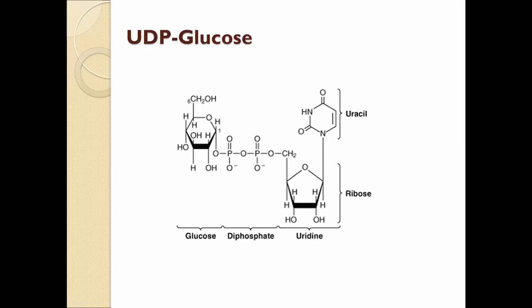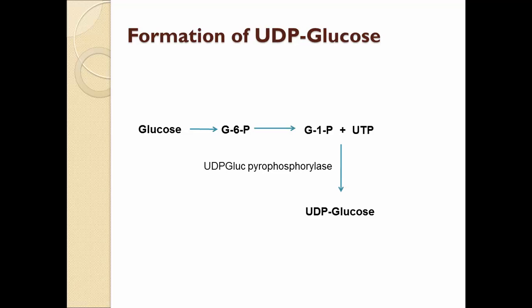So this is how UDP glucose is formed. First of all, free glucose needs to be converted to glucose 6 phosphate first, and then glucose 1 phosphate. Then the glucose is transferred to the UDP molecules, forming UDP glucose, right?